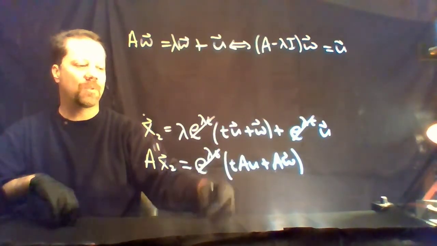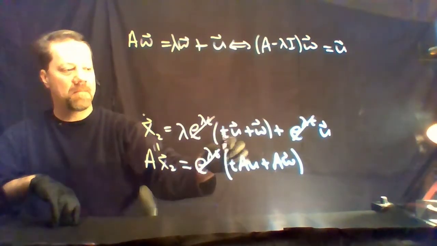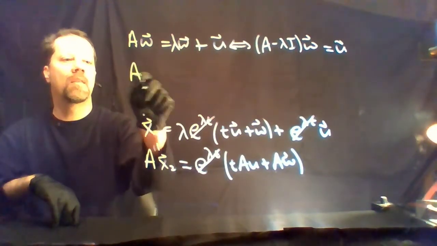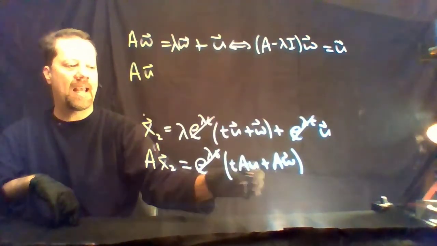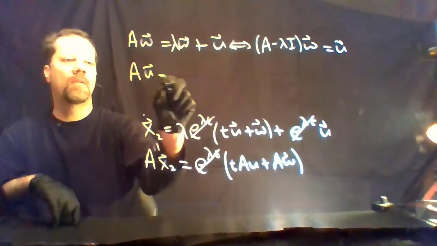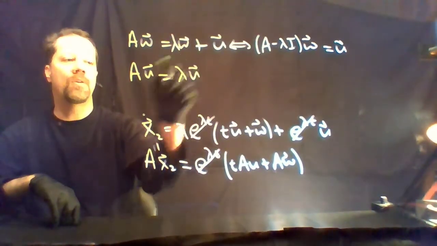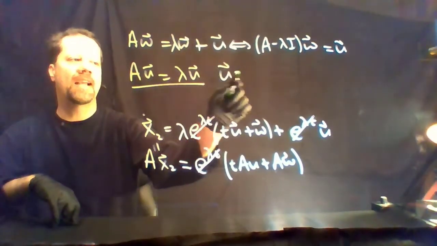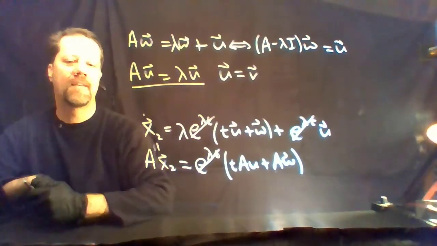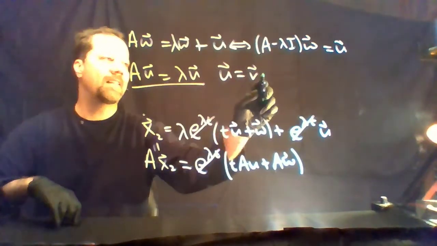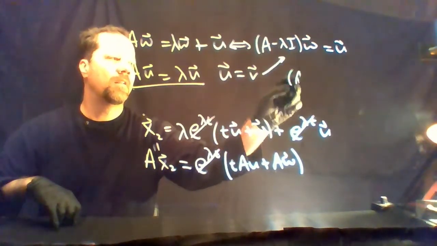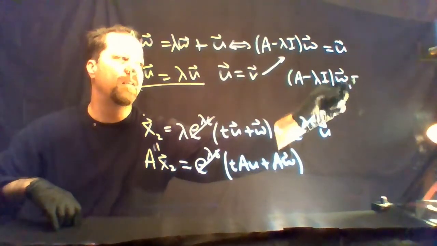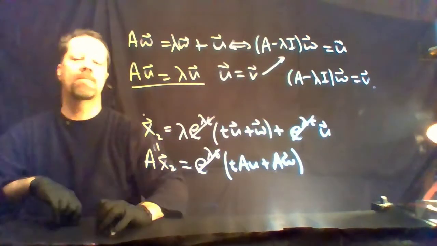After setting t equal to 0, it becomes clear that the coefficients of the t terms must also be equal. And so we get Au equals lambda u. The second equation implies that u is the eigenvector v. Plugging this in up here, we have (A minus lambda I) w equals v.